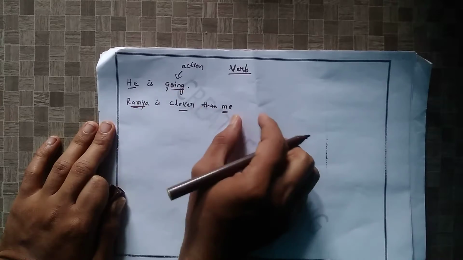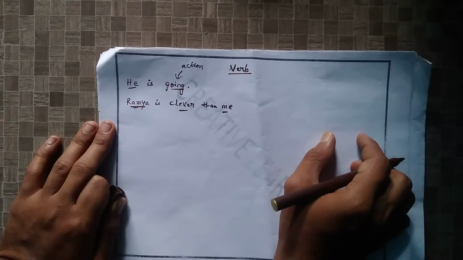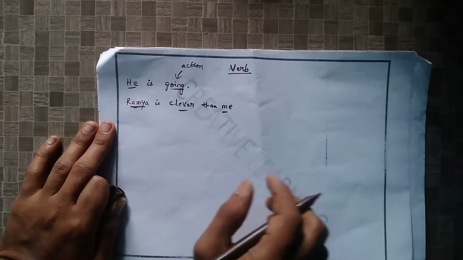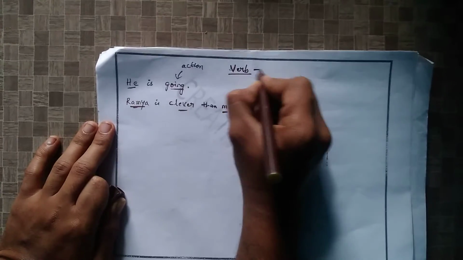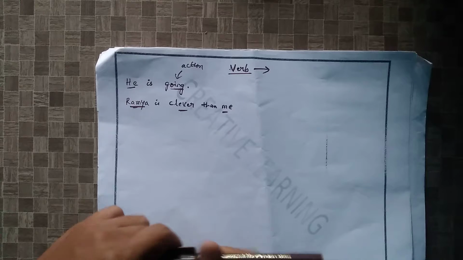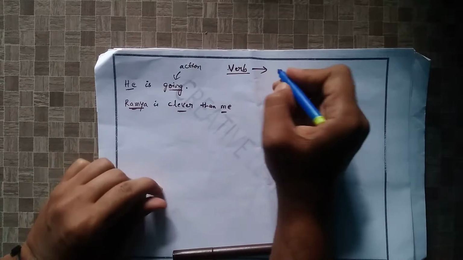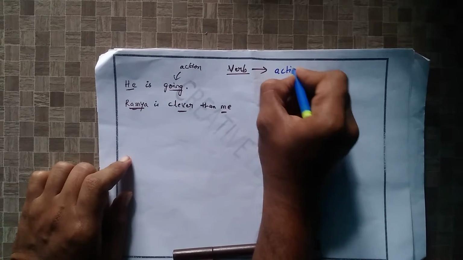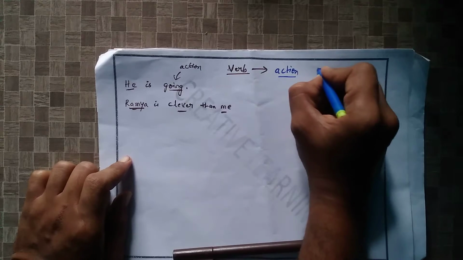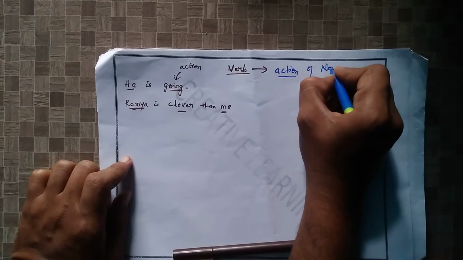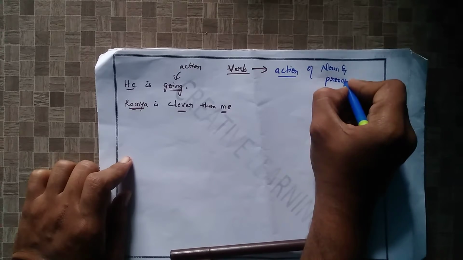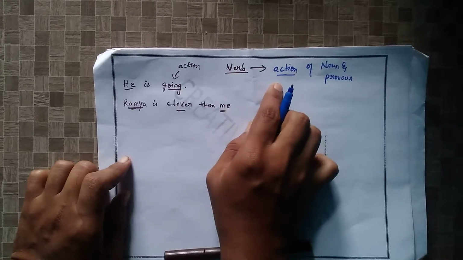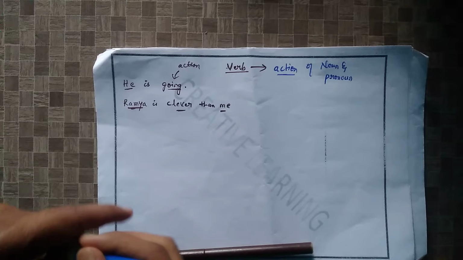Clever, going, walking, talking, bathing, thinking, searching are all words which show actions. So a verb is a word which shows action of a noun or a pronoun. It is called a verb.